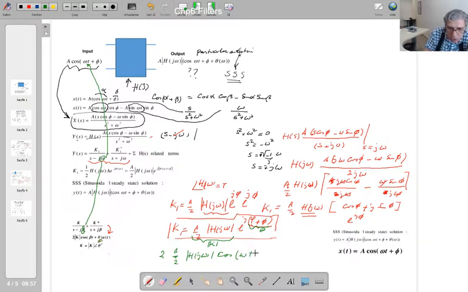Theta is this, so φ plus ψ. So let me write, okay, nice. So that's the conclusion. So that is y(t), that is the particular solution, that is the sinusoidal steady state solution.